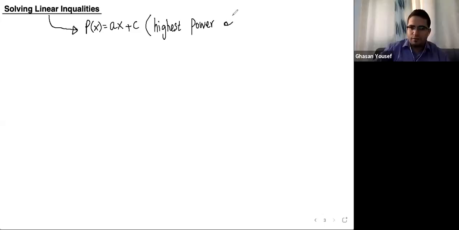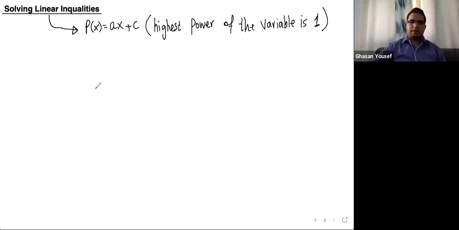I will start by giving an example of solving a linear inequality. Example.